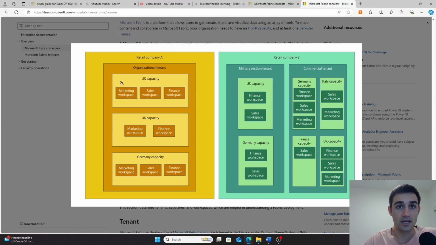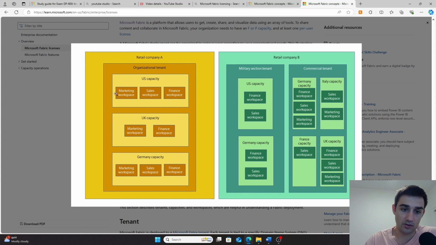So what is a Fabric capacity? A Fabric capacity is a pool of resources that are allocated to Microsoft Fabric. Their size is essentially equivalent to their computational power. So capacities are measured in SKUs, which stands for stock keeping units, and capacity units measure the compute power for each SKU.